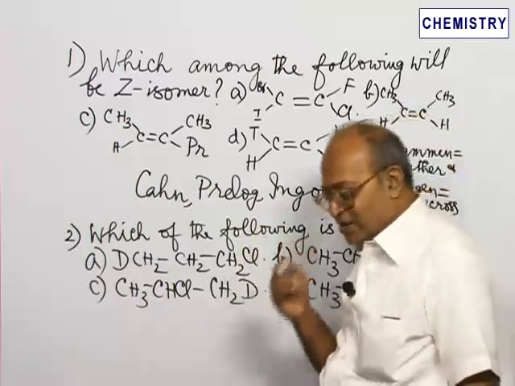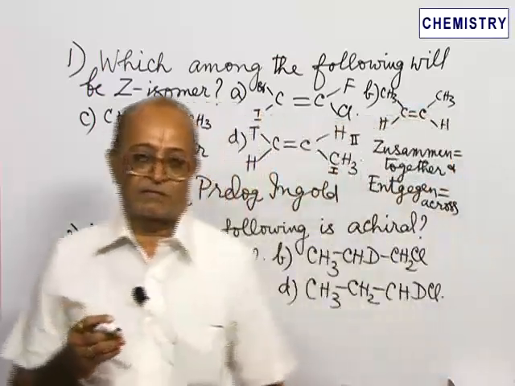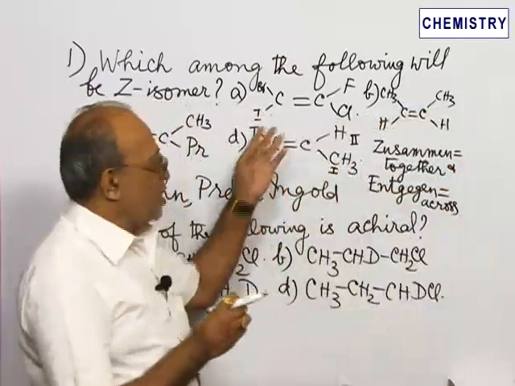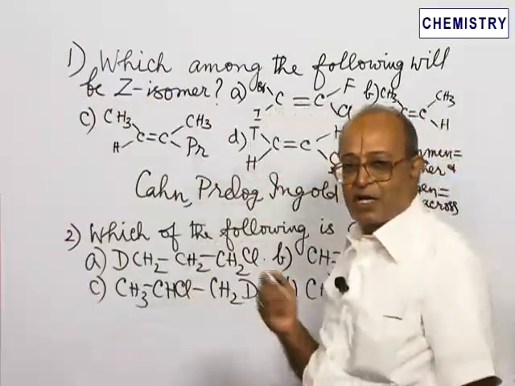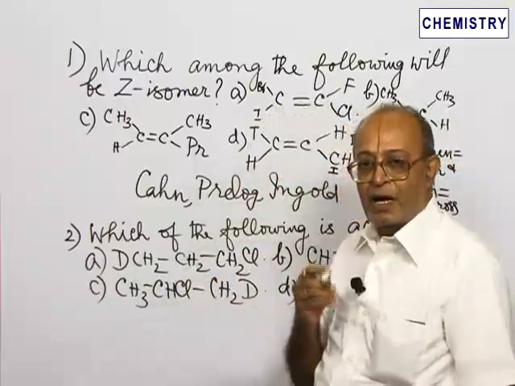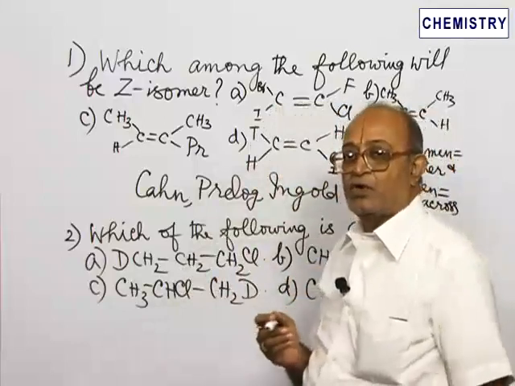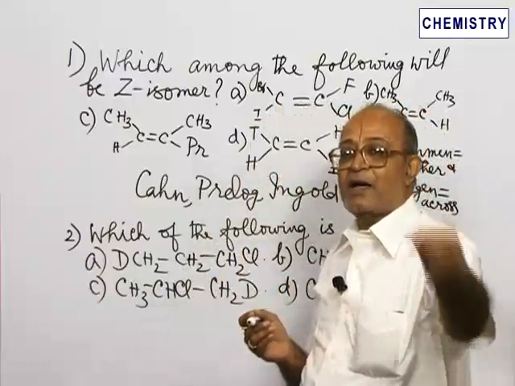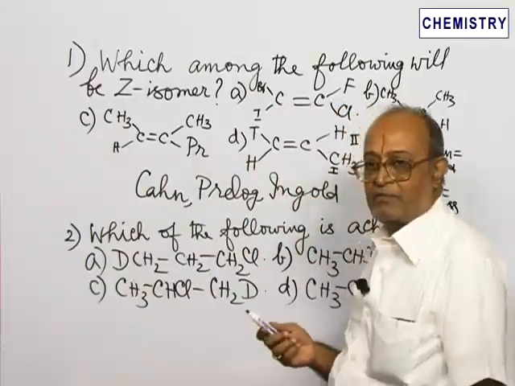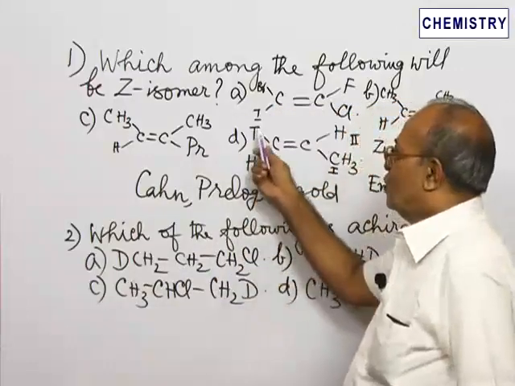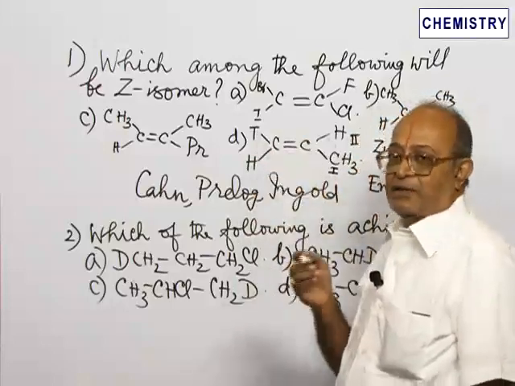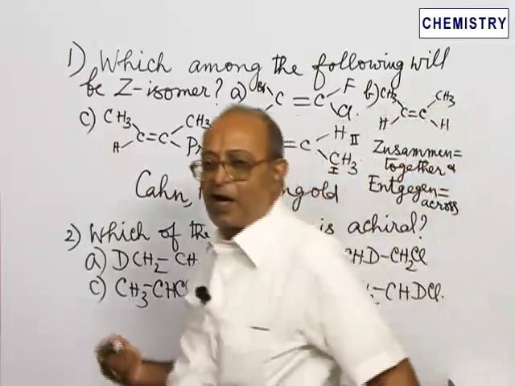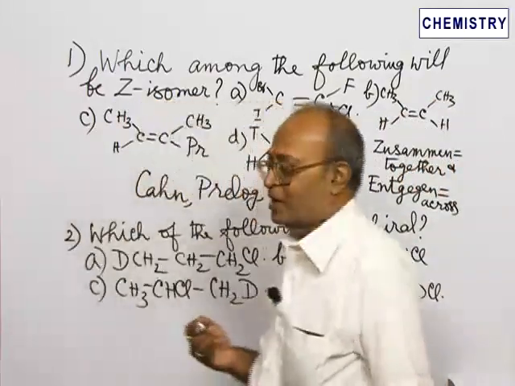If such a contingency arises, if the atomic number happens to be the same, since these are isotopes, then according to the sequence rule, you go in for higher mass number. If two isotopes are the substituents, then you go in for higher mass number.